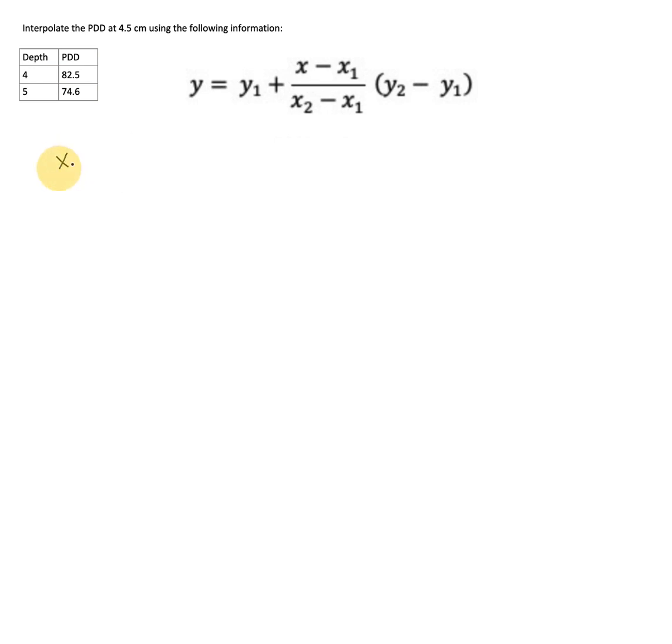So x1 is 4. y1 is 82.5. x2 is the next depth, which is 5, and y2 is 74.6.